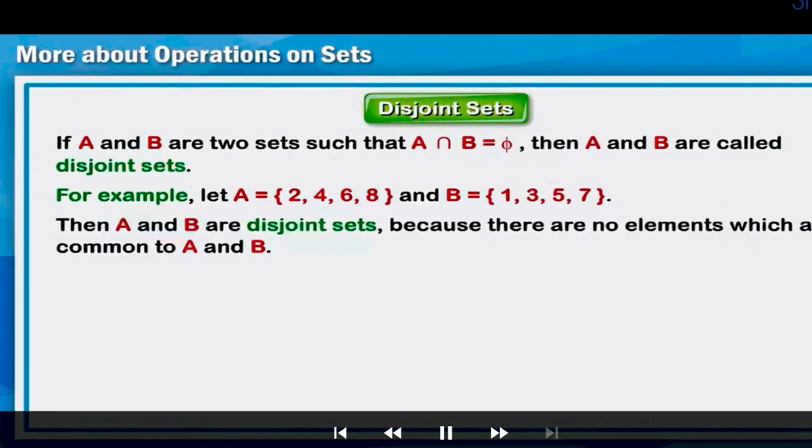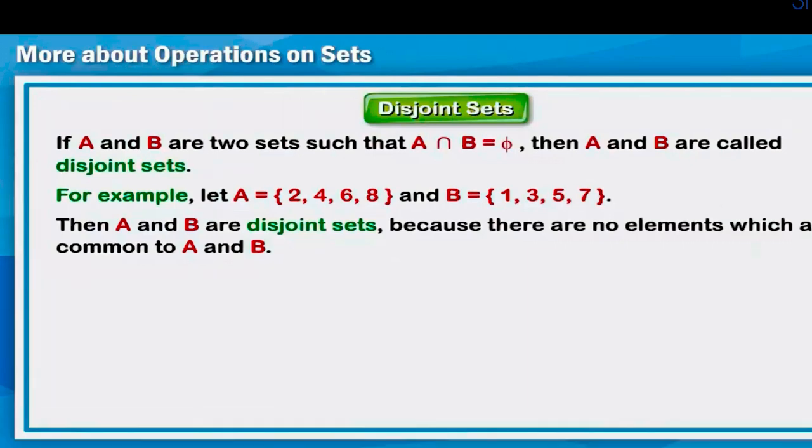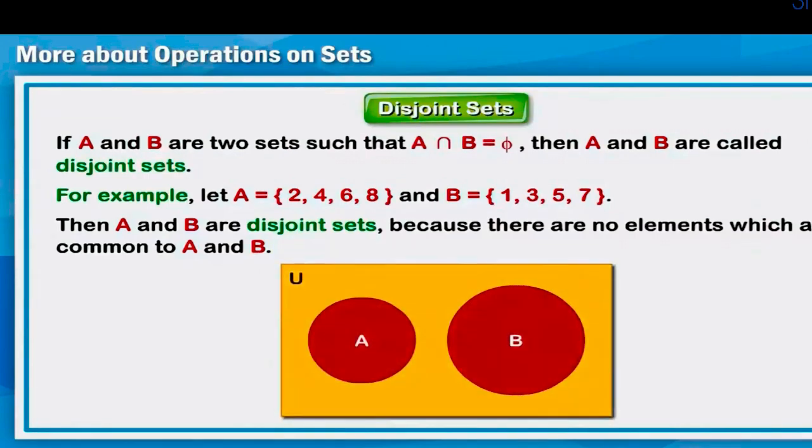Then A and B are disjoint sets because there are no elements which are common to A and B. The disjoint sets can be represented by means of a Venn diagram as shown in the figure. In the above diagram, A and B are disjoint sets.